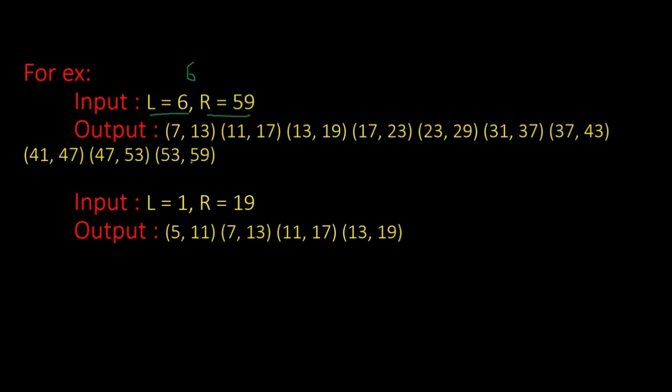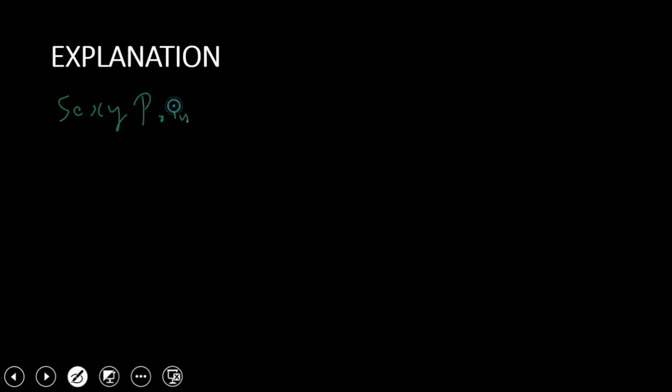Now let us go for the explanation of this code. I'm going to explain again what exactly they are saying. Okay, so they are saying we have to write a program for sexy primes, right? So what again is happening in sexy primes, we have to note down before getting on to the actual solution.